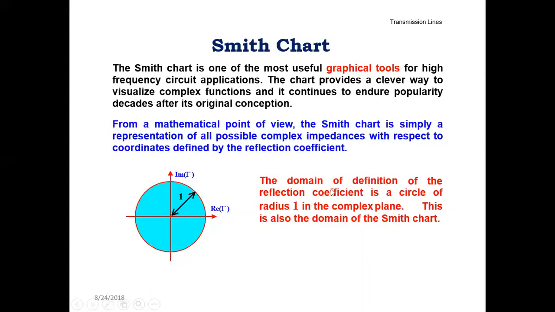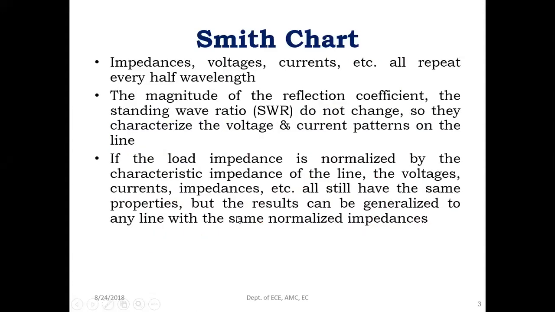The domain of definition of the reflection coefficient is a circle of radius 1, which you will see in the Smith chart. Impedance, voltage, current and so on repeat every half wavelength, that is lambda by 2. The magnitude of the reflection coefficient and the standing wave ratio will not change.